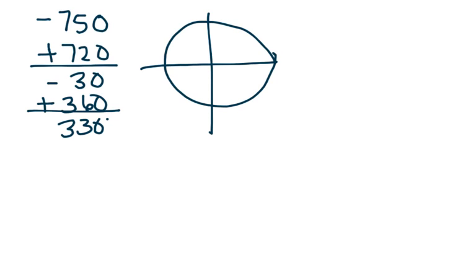So I know 330 is right about here. I draw my angle up. I make my triangle. And I know the longer side is root 3 over 2, and my shorter length is 1/2. And my x is positive and my y is negative because we're in quadrant 4. So my point's going to be root 3 over 2, comma, negative 1/2.